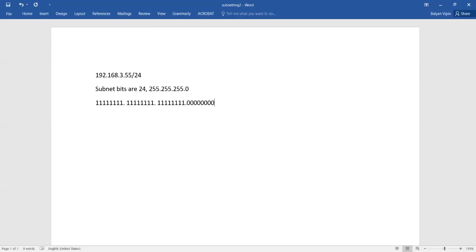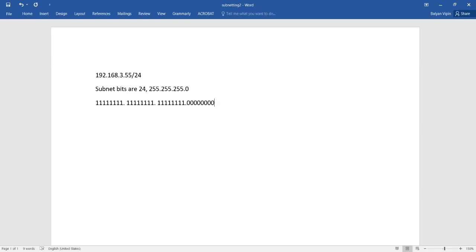So it's usually 192.168.3.0. Whatever the starting IP address is, that will be the network ID, and whatever the last IP address is, that will be your broadcast address.